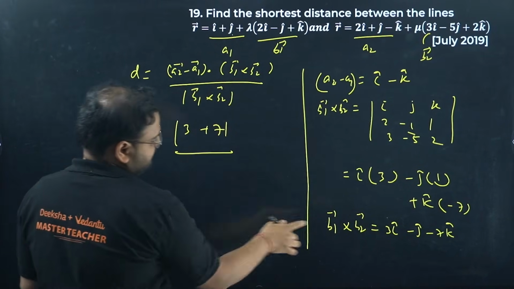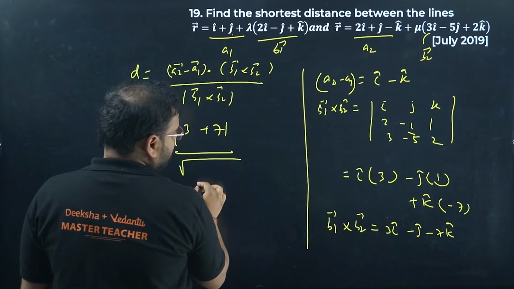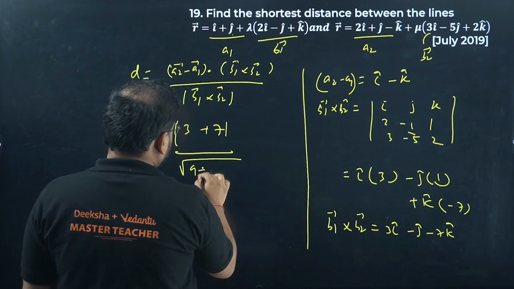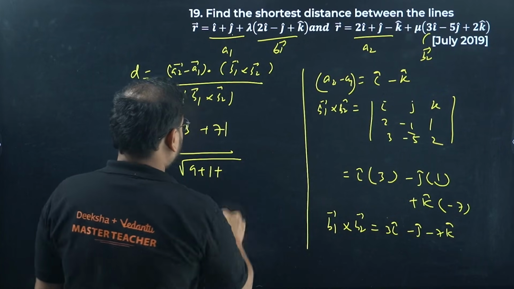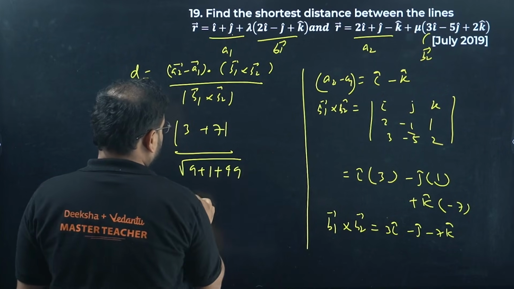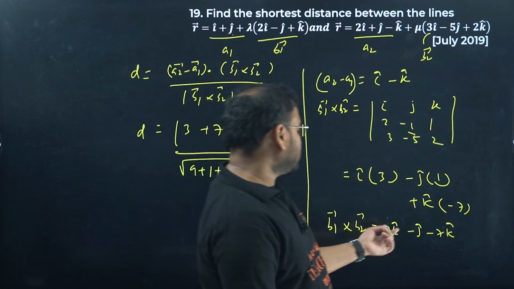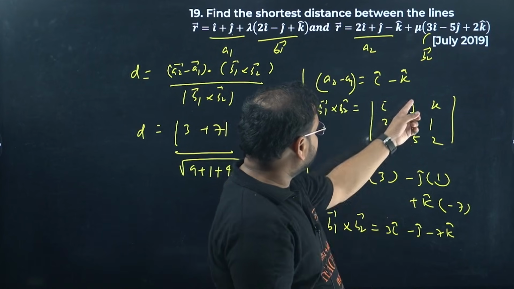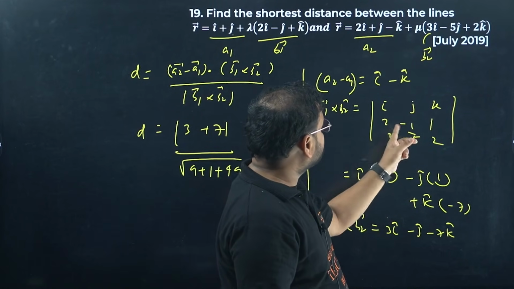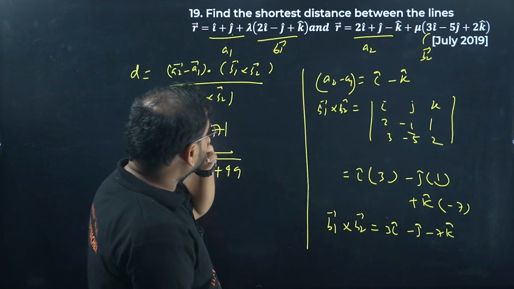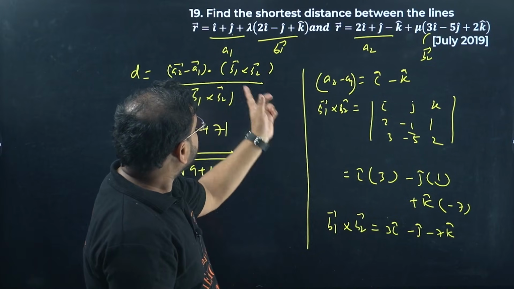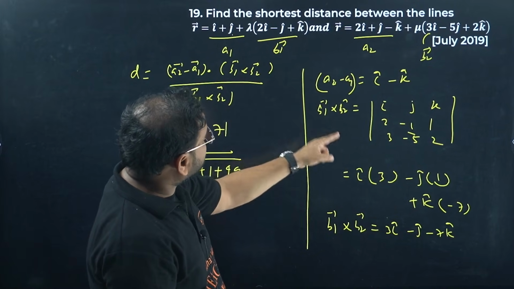Now the modulus of this, I'll have as 9 plus 1 plus 49. Let me check the j component. 2 into 2 is 4, and minus 3. The determinant with i, j, k: 2, minus 1 and 1, and 3, minus 5 and 2.